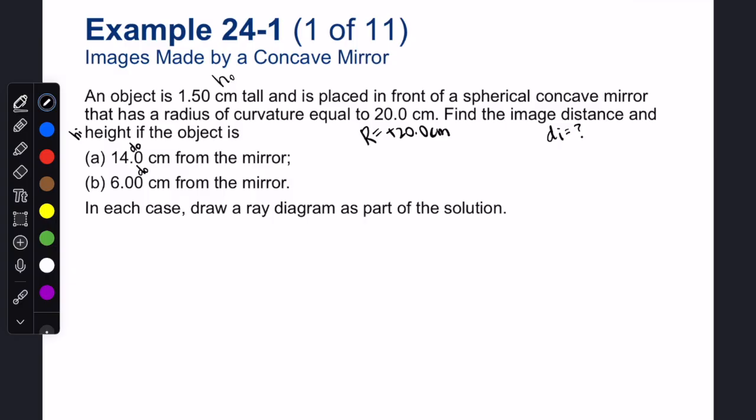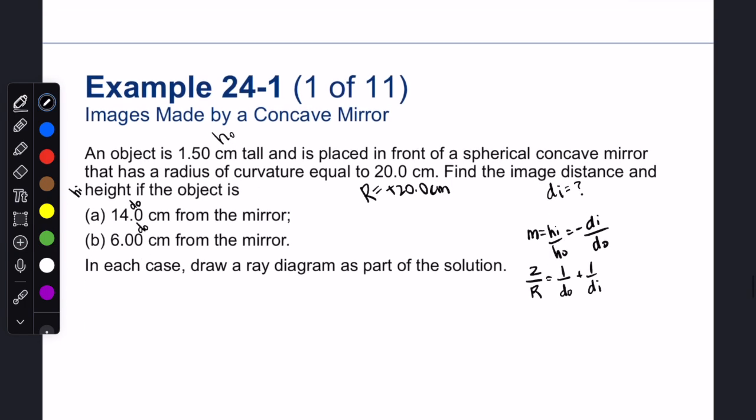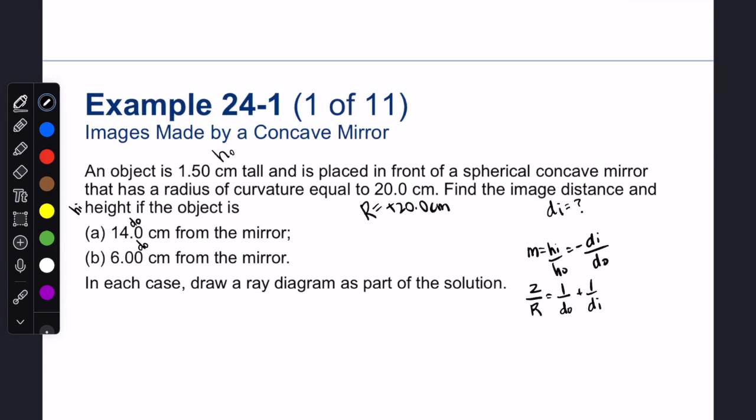So we're going to need our two equations, the magnification equation and, since we're given the radius of curvature, I'll use this version of the mirror equation. We need those two, and then we draw a ray diagram. So we'll go up and look at the ray diagrams that I had posted. We'll go look at that when we get there.